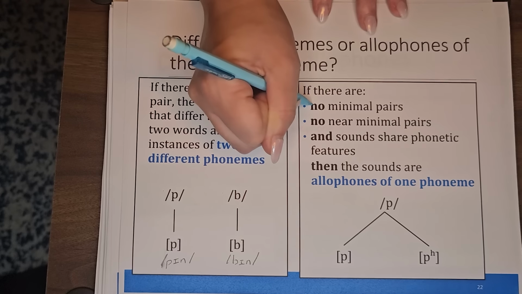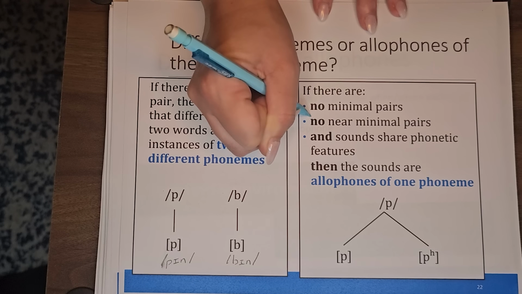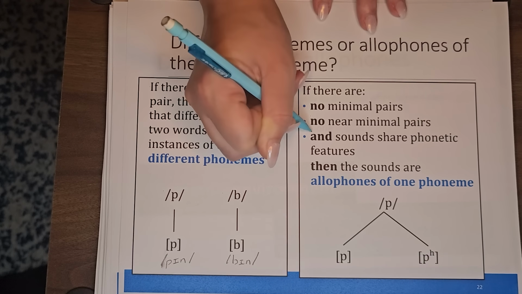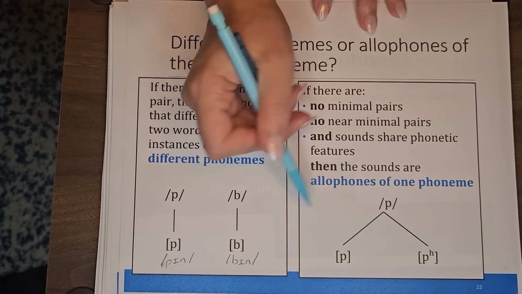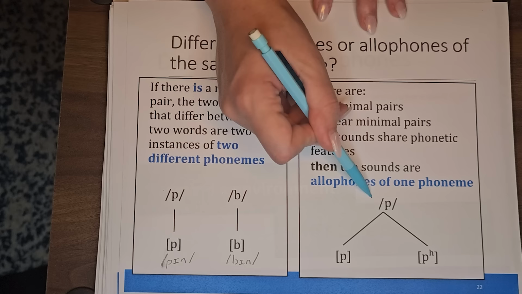However, if there are no minimal pairs, no near minimal pairs, and the sounds share phonetic features, then the sounds are allophones of the same phoneme.